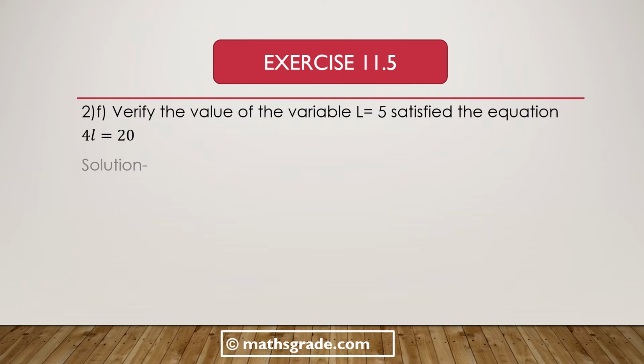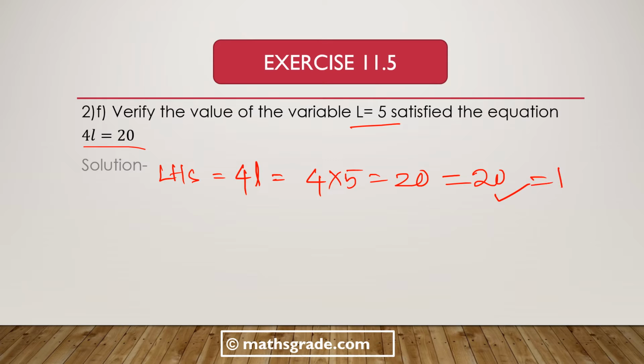Now F bit. Verify whether the value of the variable L equal to 5 satisfies the equation 4L equal to 20 or not. We substitute the value L equal to 5 in the left hand side. Left hand side is 4L. 4 multiplied by 5 is 20, which is equal to 20, the right hand side. So LHS is equal to the right hand side.